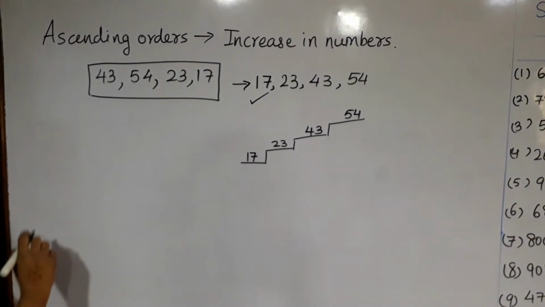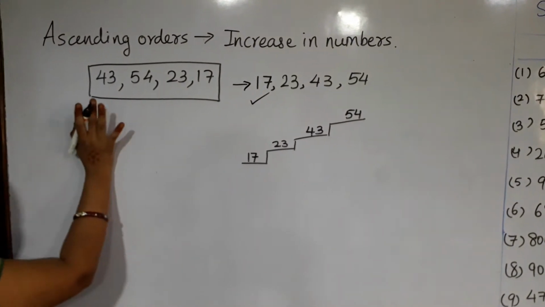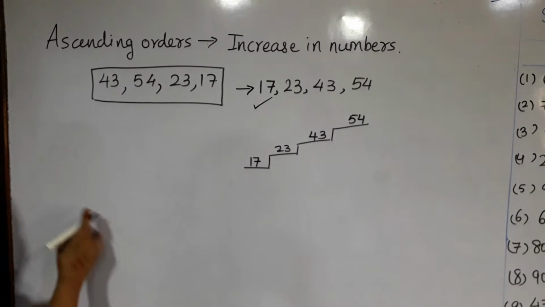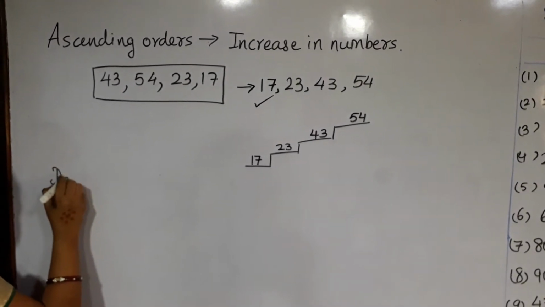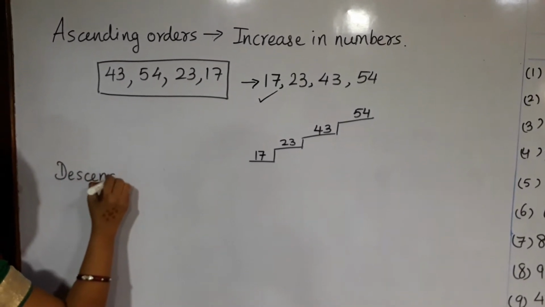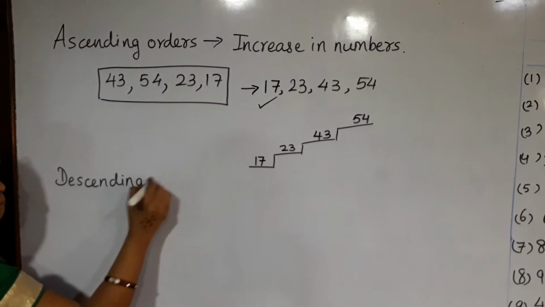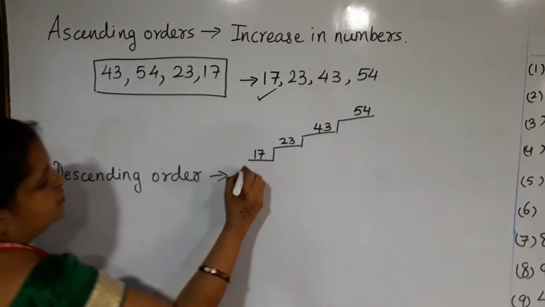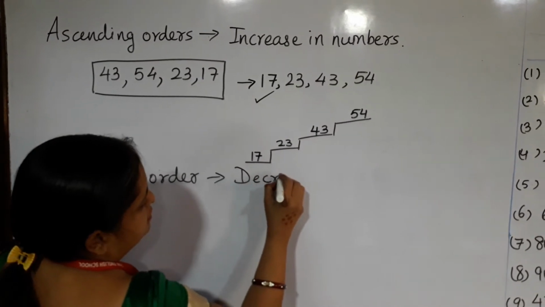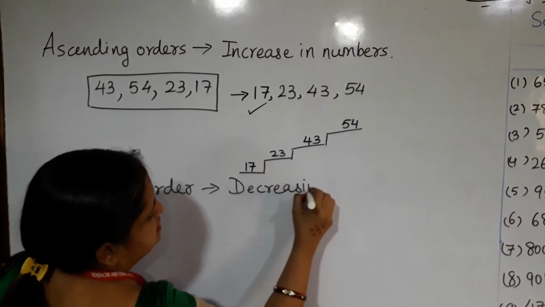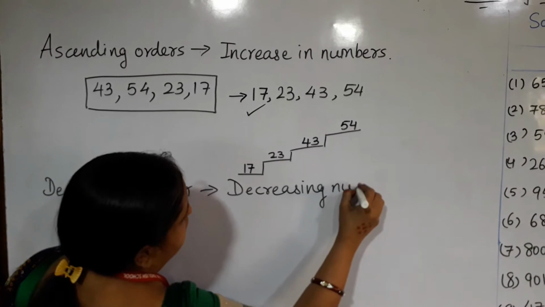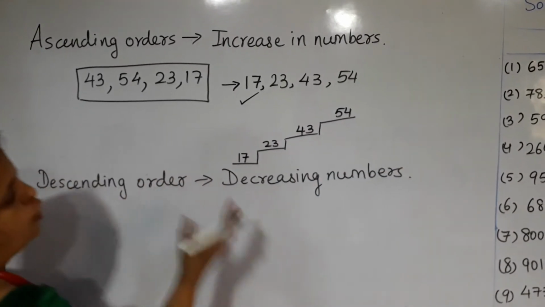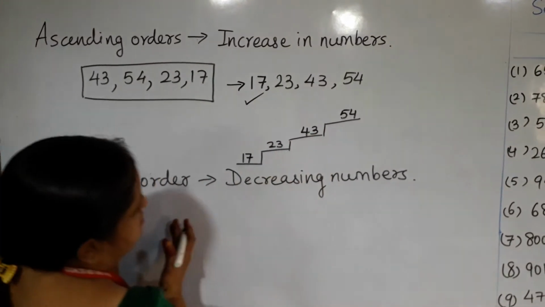Now same here, we will do decreasing numbers or descending order with the same numbers. See here, descending order, decreasing numbers, means we have to do the opposite of these numbers.